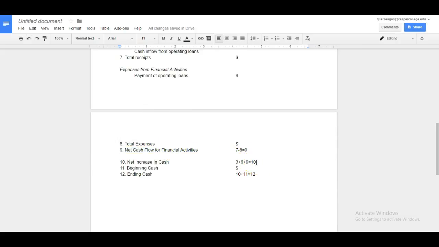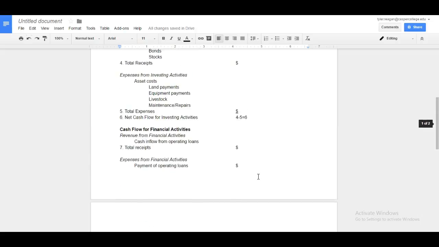That gives us the net increase or decrease in cash. Then we figure out what we had at the beginning of the year. What was our beginning cash? What did we have in savings? And then we add the beginning cash to the net increase in cash to figure out our ending cash.